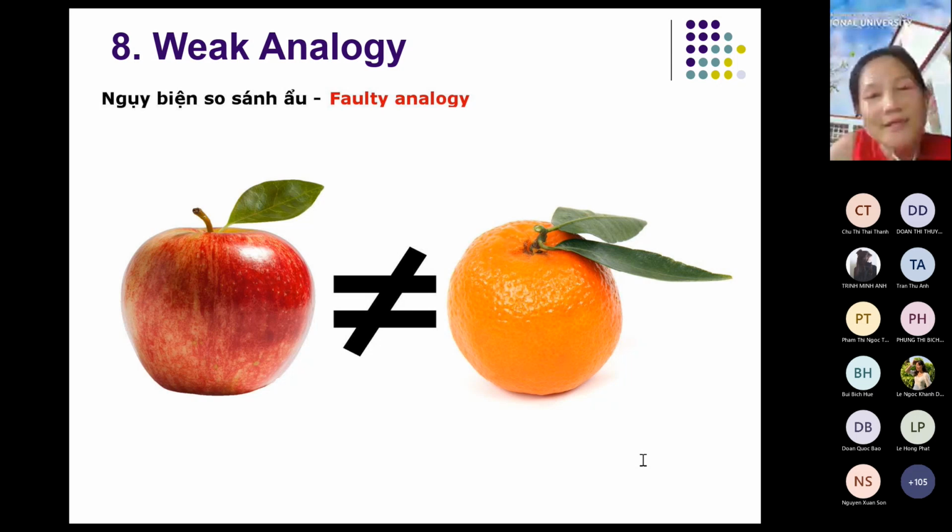What else? Look at the picture. Okay, they have leaves, yeah, green leaves there. Okay, very good. 5 similarities. What else?